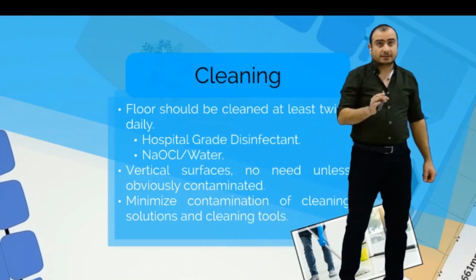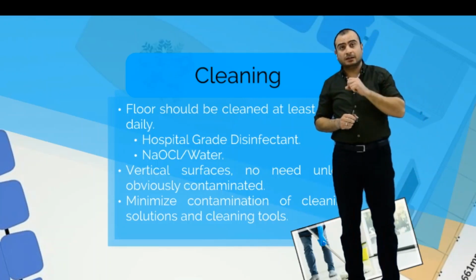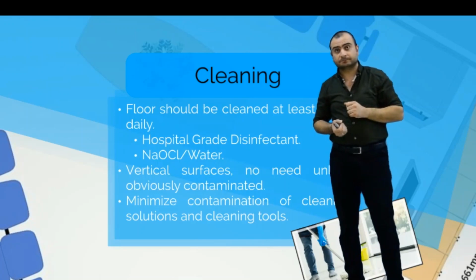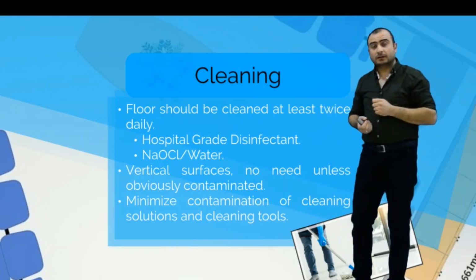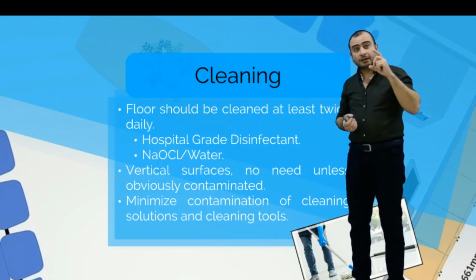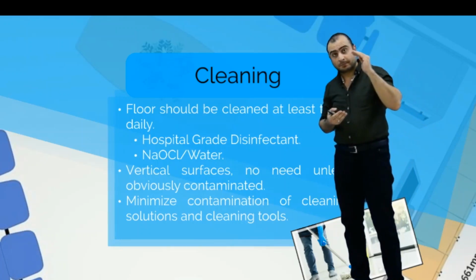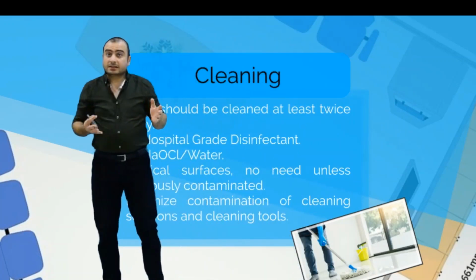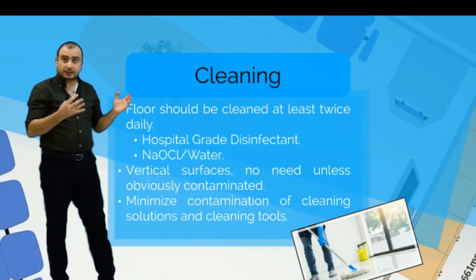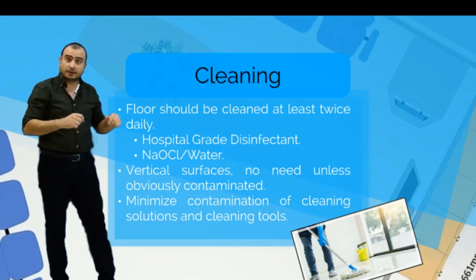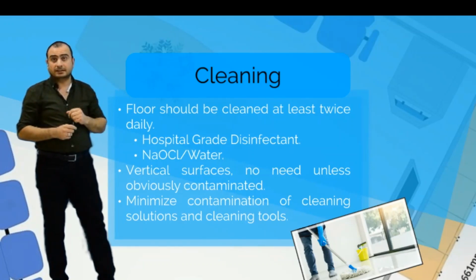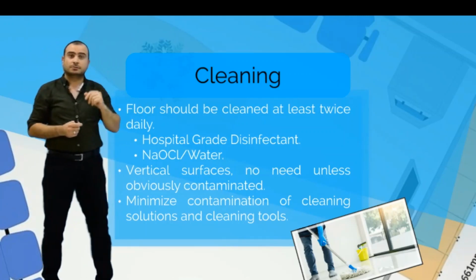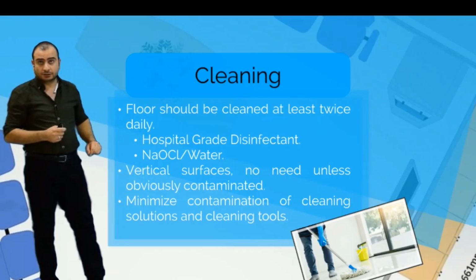The NHS recommends about 25 milliliters for each 1 liter of water, while the local recommendation is about 100 milliliters for the preparation of 1 liter of this mixture. This mixture, as we said, needs to be used for cleaning and disinfecting the floor at least twice daily. All horizontal surfaces like tables should also be cleaned with this disinfectant solution.